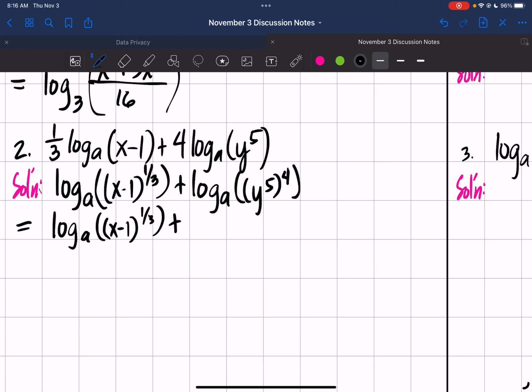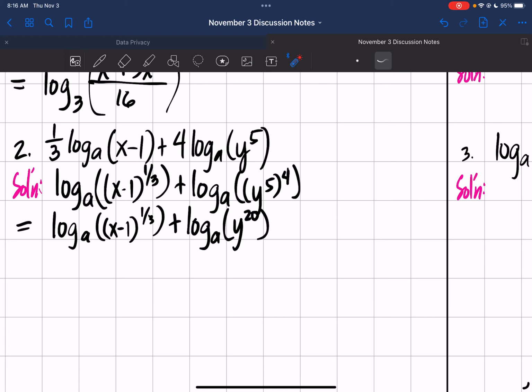a plus log of, so y raised to 5 raised to 4. So, we will multiply the exponents. So, we have log of y raised to 20 base a. So, now, what we need to address here to make it a single logarithm is the addition.